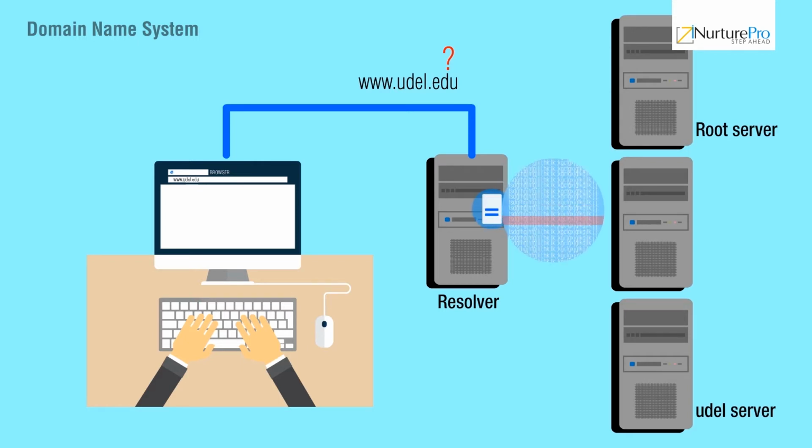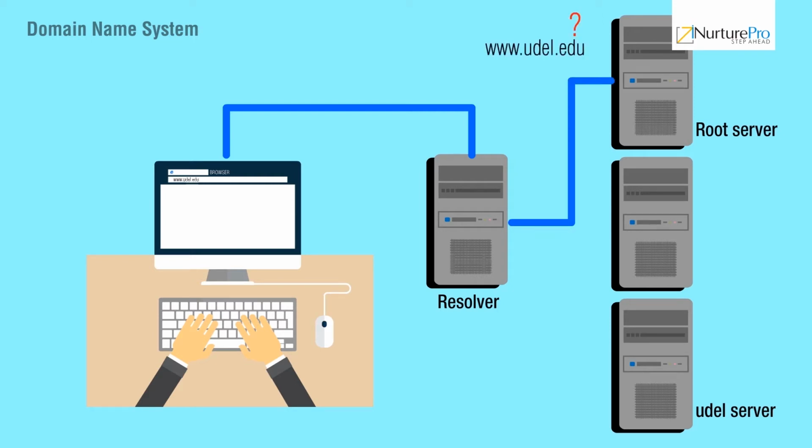Your computer asks the resolving name server or resolver, what is the IP address of www.udel.edu? The resolver, which is used by ISPs to resolve a domain name, searches for the answer in its cache. If it does not have an IP address, then it asks for the root server. The root server checks its cache and sends IP address in udel.edu case.